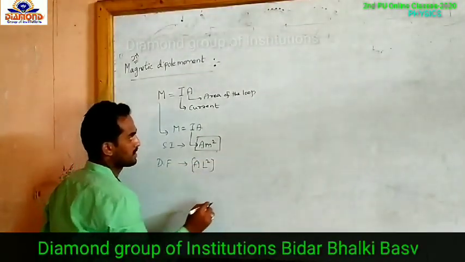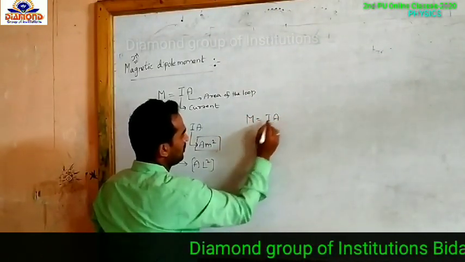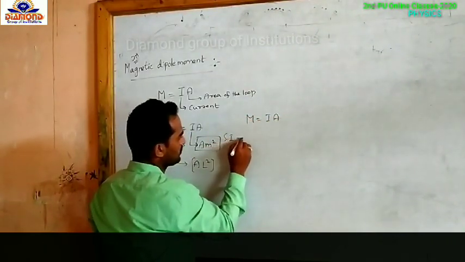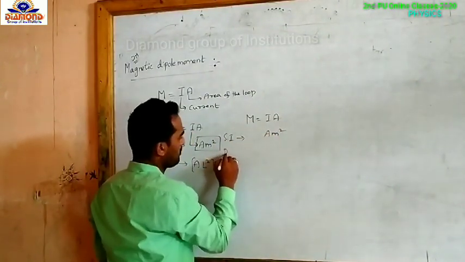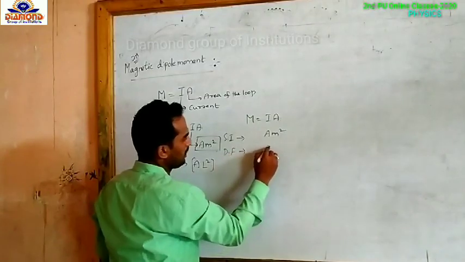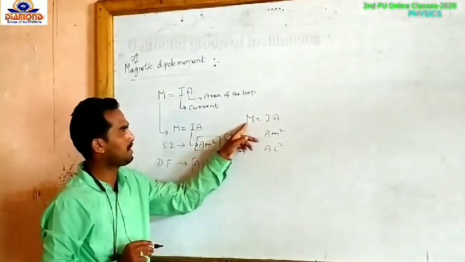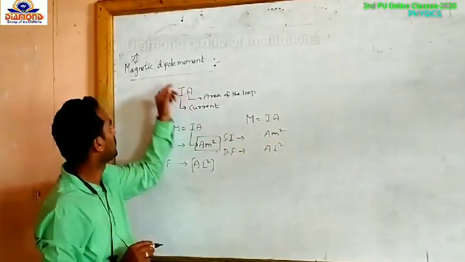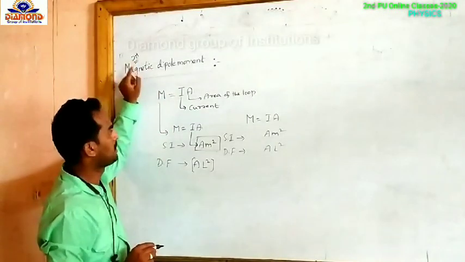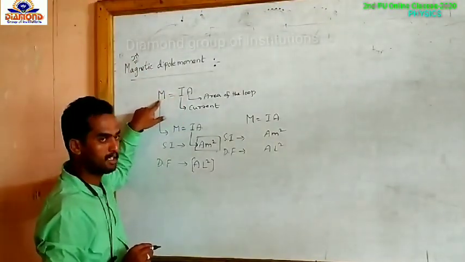So M equal to I into A, SI unit is ampere meter square, dimensional formula is A into L square. So remember the definition as well as the formula, unit and dimensional formula. It is going to be asked for 2 marks. The product of the current as well as the area of the loop is the magnetic dipole moment.